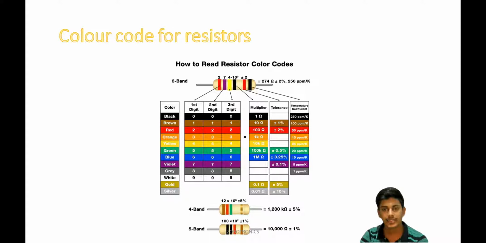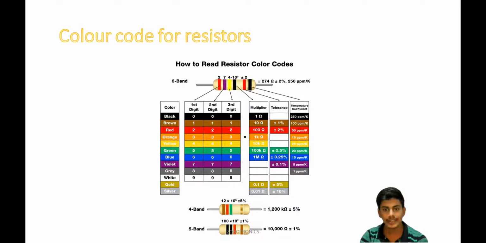It means it can tolerate some 1% error while calculating the resistance through a multimeter.